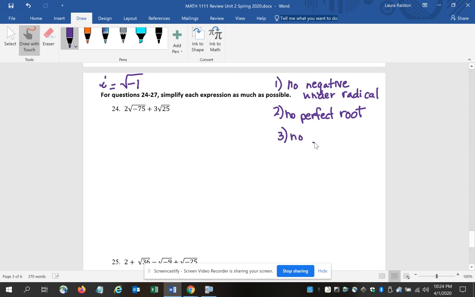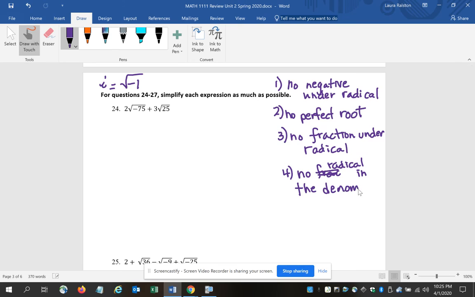You cannot have a fraction under the radical. And if we were dealing with fractions overall, you can have no radical in the denominator.